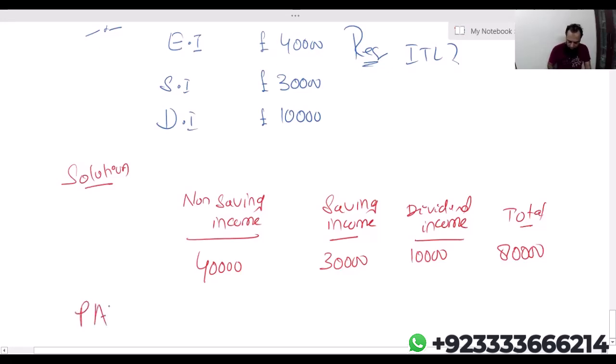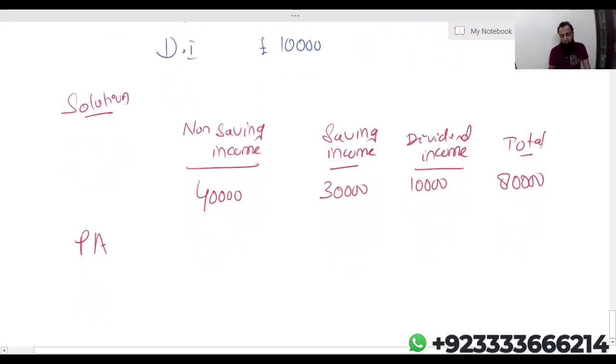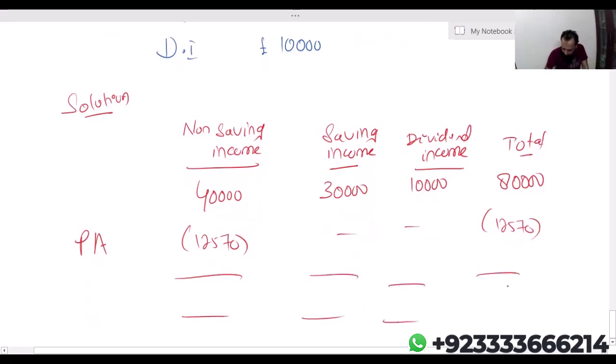Personal allowance is always first deducted from the non-saving income: 12,570. Taxable income: 40,000 minus 12,570.